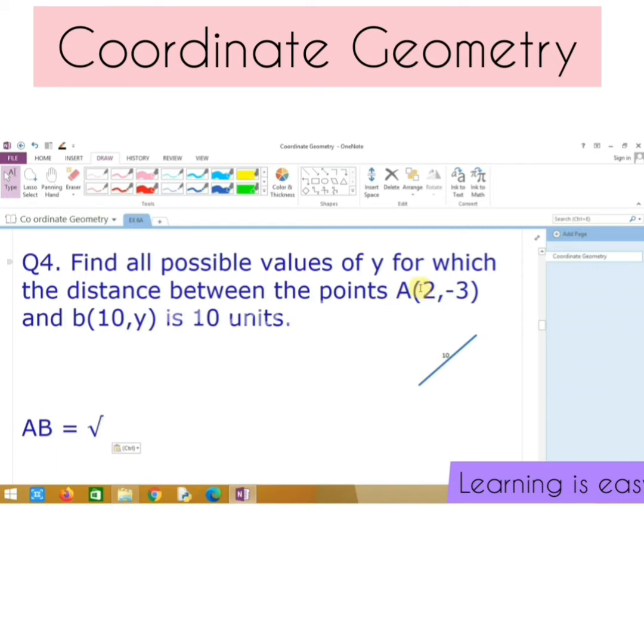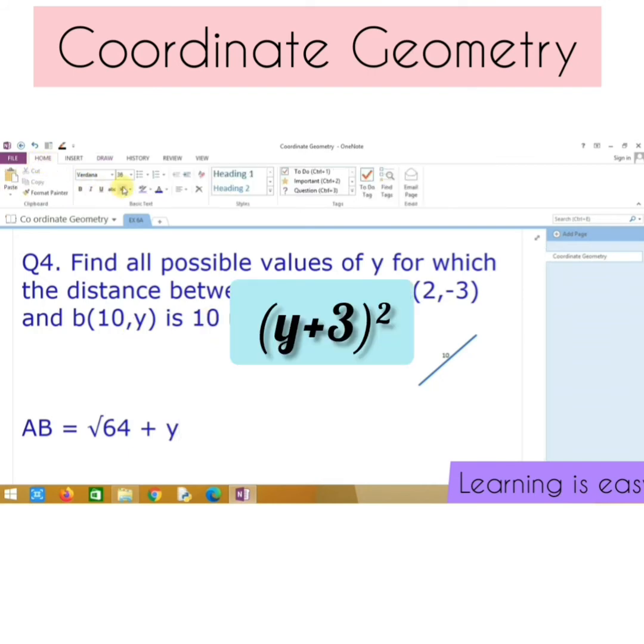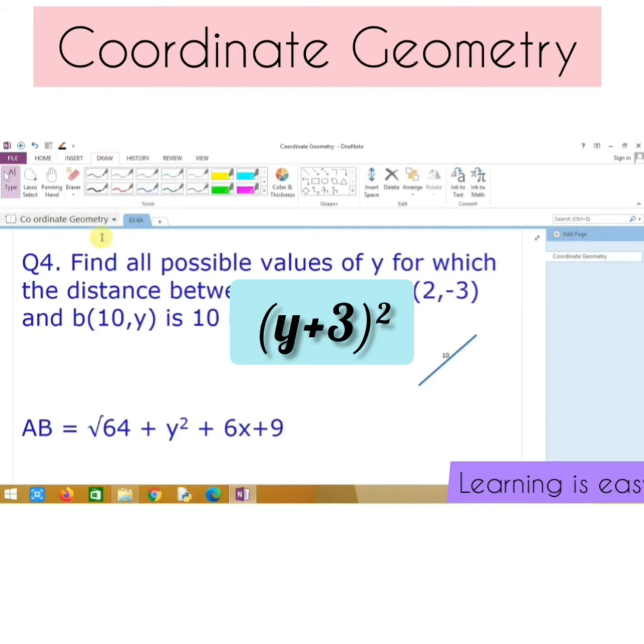AB equals the square root of (10 minus 2), the x coordinates, that is 8 squared, which is 64, plus (y minus of minus 3), so it becomes plus 3, which we can expand: (y plus 3) whole square. So y square plus 6y plus 9.